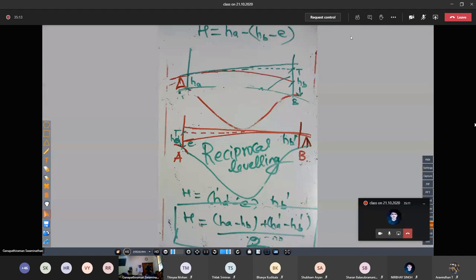Alright, I will ask you one question. You just answer me from what you have learned so far. Suppose I got an instrument. I don't know whether the instrument is having an erroneous line of sight or not. I want to find out the true difference in elevation between the 2 points. How will you go about it?